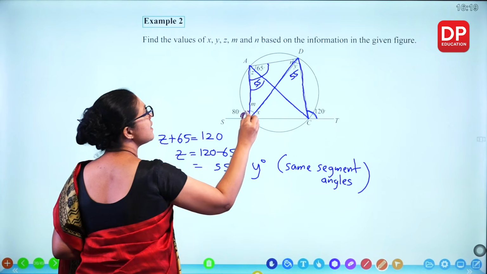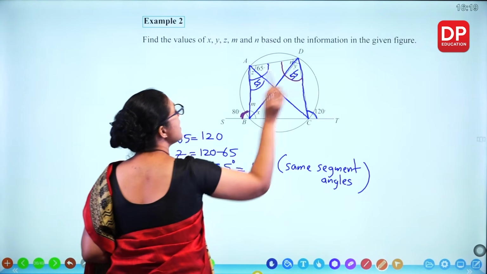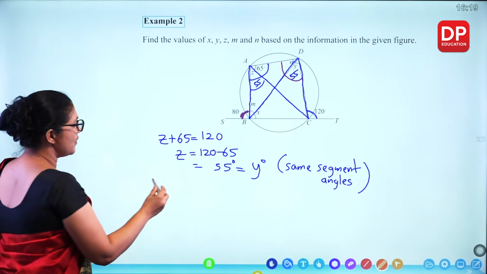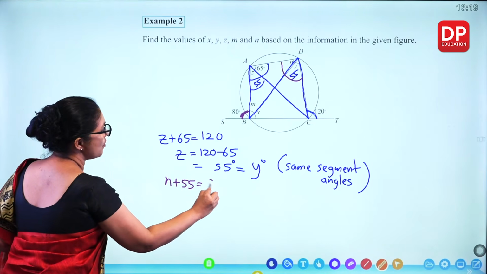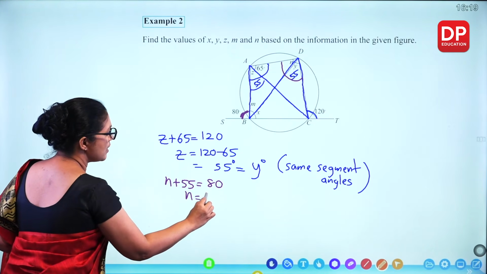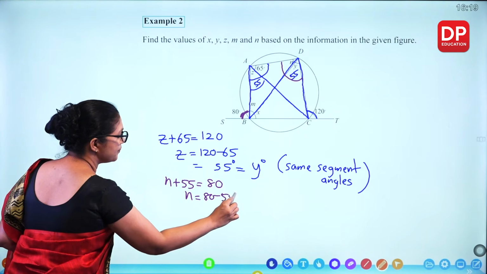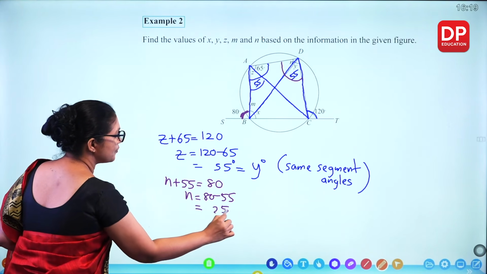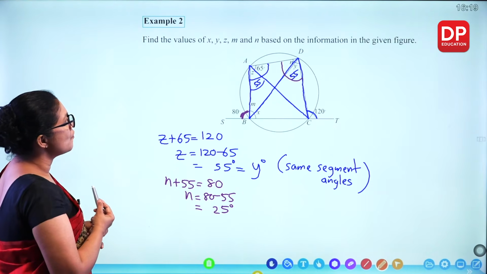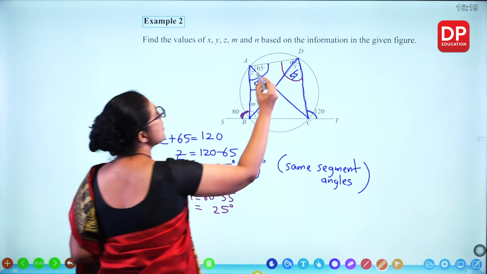This exterior angle is the same as this angle. So N plus 55 is equal to 80. So N equals 80 minus 55, 25 degrees. So we found out this is 25.